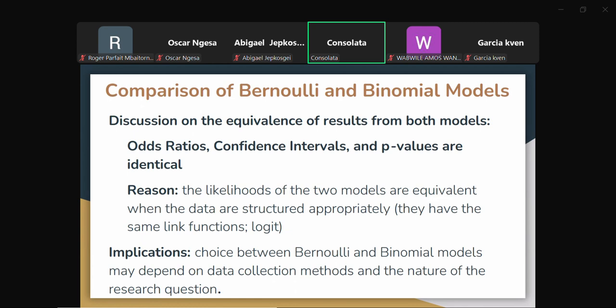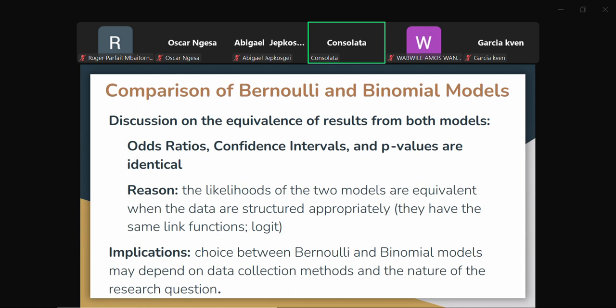So what does this imply? That if you are choosing between Bernoulli and binomial models, it depends on your data collection methods. Are you intending to collect group data or individual data? And also the nature of the research question, because you can also collect individual data, but group it during analysis depending on your research question.